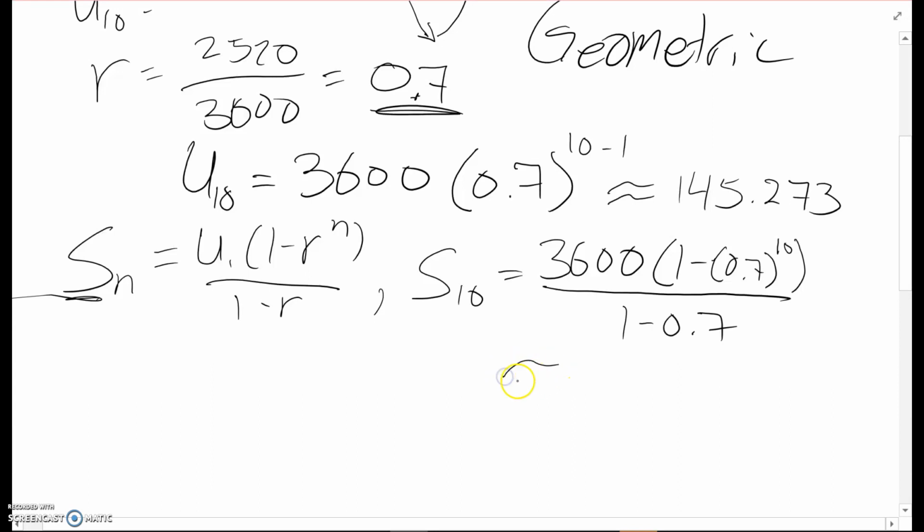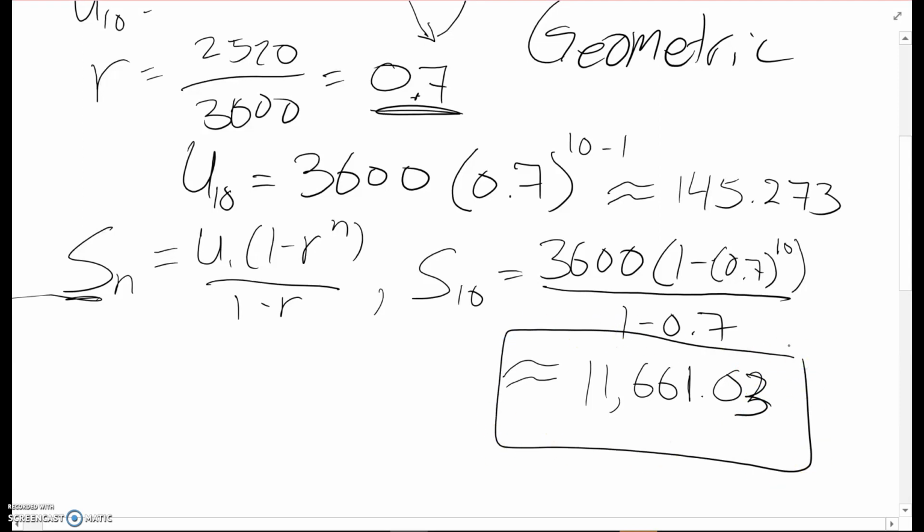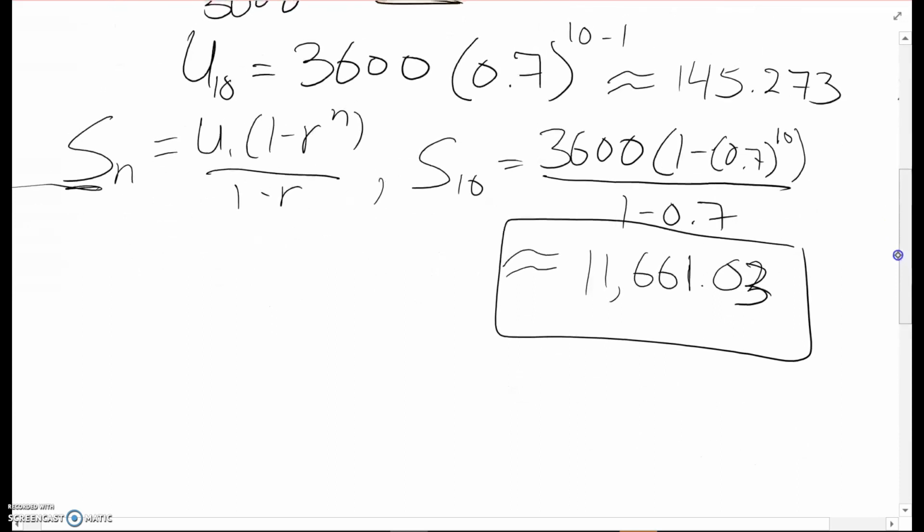So again, we'll be rounding here. It's approximately 11,661.0203. And that should make sense because we're starting with 3,600, we're adding 2,500, and it's going to keep getting smaller and smaller because our ratio is 0.7. So there you go. That should work out.